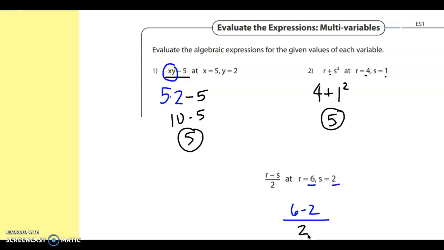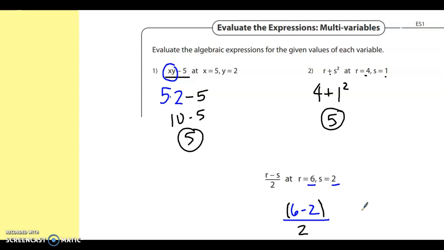Now here's the thing, guys. If you remember from when we were looking at order of operations, we have to look at groups first. So although division might strike you as becoming the first operation that you should do, we actually have to do what's on top first because this is considered a group. So we would be putting this in a sense in parentheses because we would want to do that first before we divide.